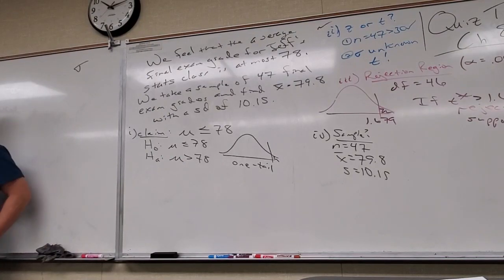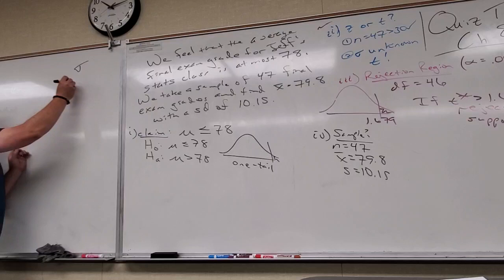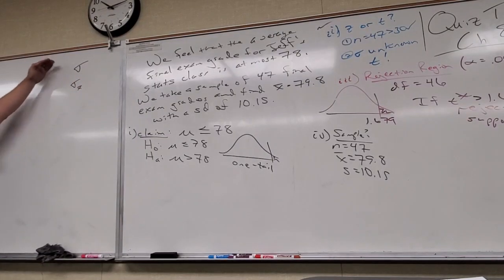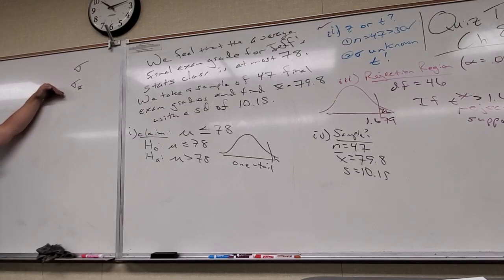What's the difference between these two? They're both population standard deviations. The standard deviation of just everything in general and the standard deviation of the sample? Nope. No, definitely not. You're okay, Laura. Thank you. I kept saying this.